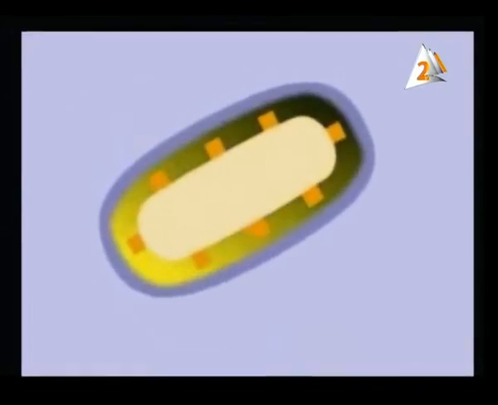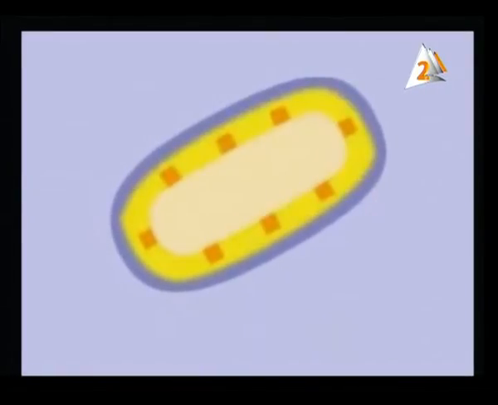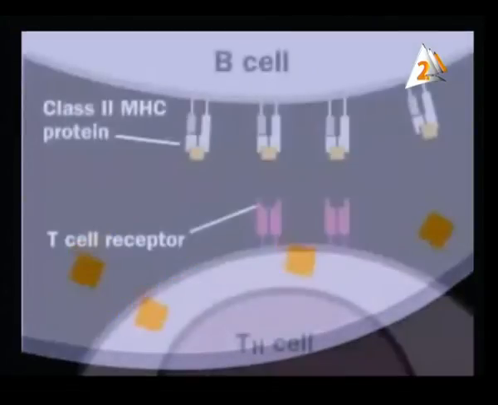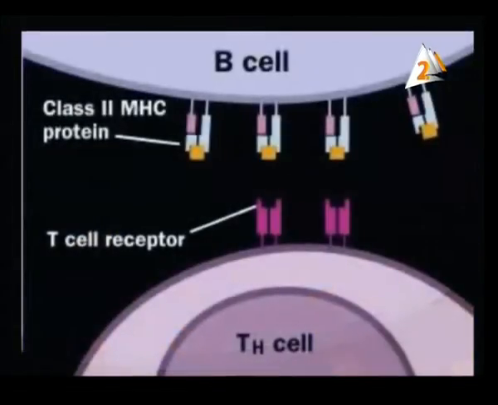These fragments bind inside the macrophage to a protein forming the major histocompatibility complex, which is symbolized by MHC2. MHC2: M for major, H for histocompatibility, and C for complex.